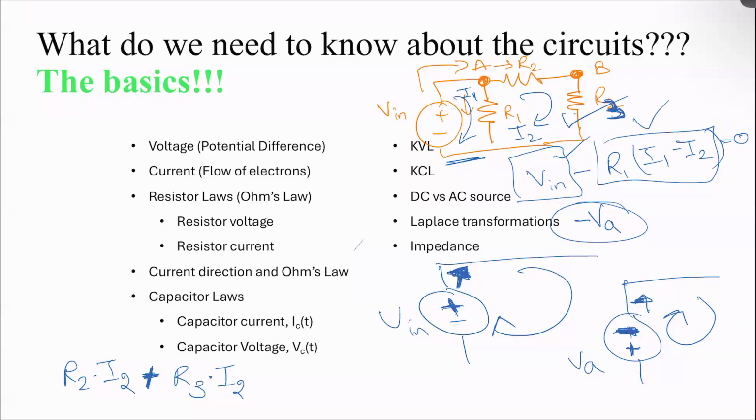And then the last thing is going to be R1 times parentheses I2 minus I1. Yes, that is it.